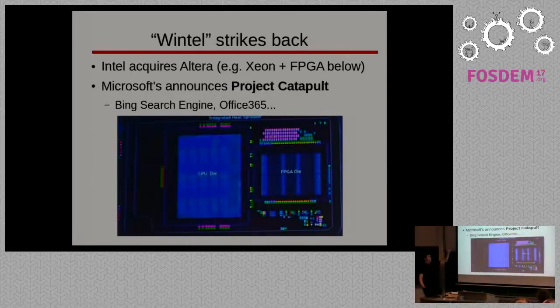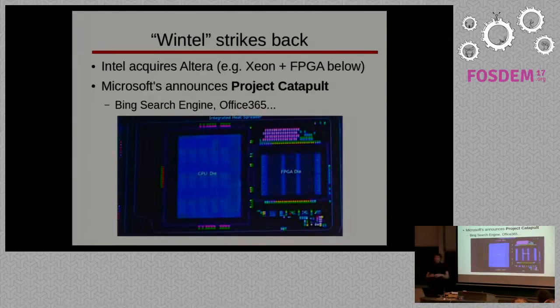Let's see some examples. Wintel is striking back. Wintel is what we used to call Microsoft plus Intel. I don't know if you were aware of this, but Intel has just bought Altera, which was the second brand of FPGAs in market share. It was funny that a couple of years ago, in the first EDA dev room, in the digital design panel, we started to talk about a rumor about Microsoft getting involved in FPGAs, and about Project Catapult.